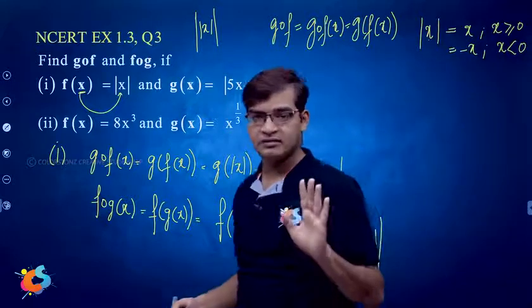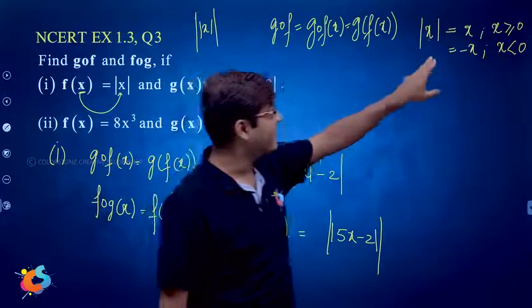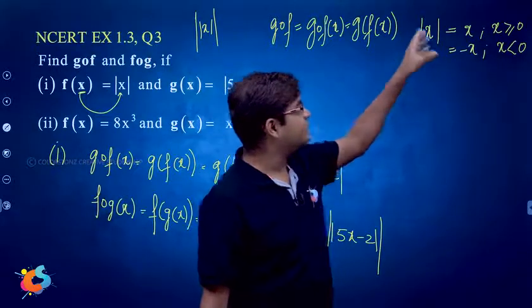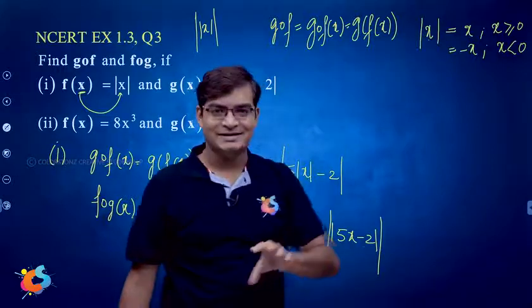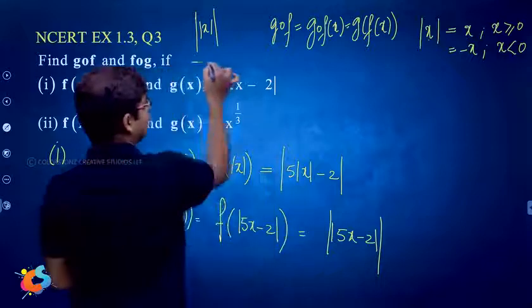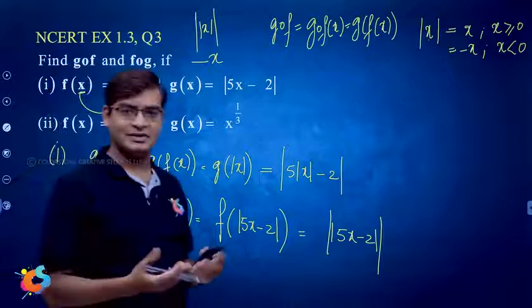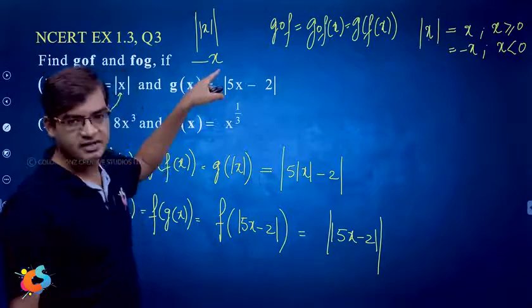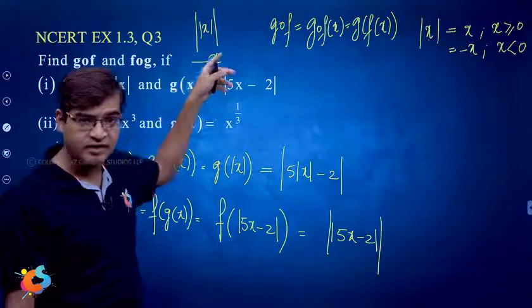Clear? Okay, fine. Some students might have a doubt: if x is less than 0, where is the negative sign here? See, this is x. x can be positive, x can be negative. And minus x can be positive, minus x can be negative also. It depends on x. If x is minus 5, let us say, then this whole thing will be positive. If x is 5, then this whole thing will be negative.